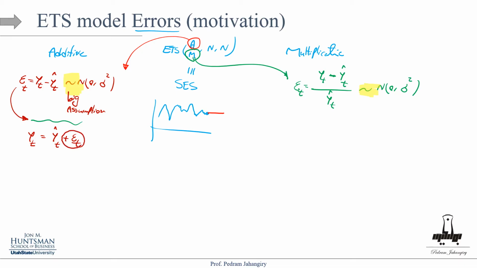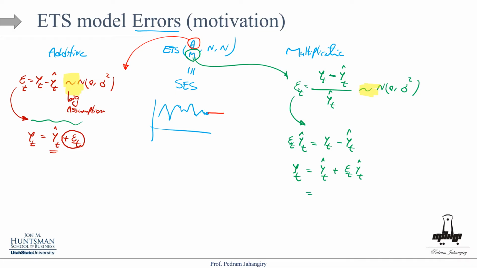So yt is equal to some predictions plus some errors, epsilon. And then on this side, what do we have? I have to write down epsilon t multiplied by y hat t is equal to yt minus y hat t. So if I single out yt, what do we get? We're going to get y hat t plus epsilon t y hat t.